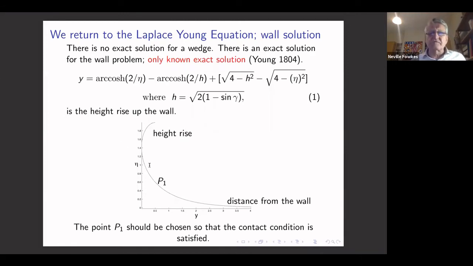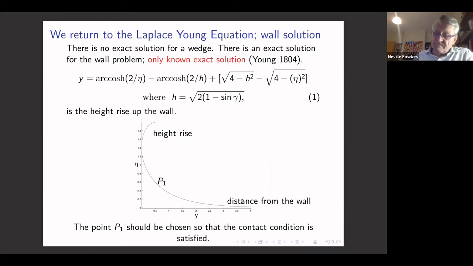But that's what it looks like. And it's sort of a universal curve in the sense that if you want to satisfy a contact condition corresponding to a particular angle in here, you just identify that angle there, and I've called it P1, and that curve down there represents the height rise of the liquid.